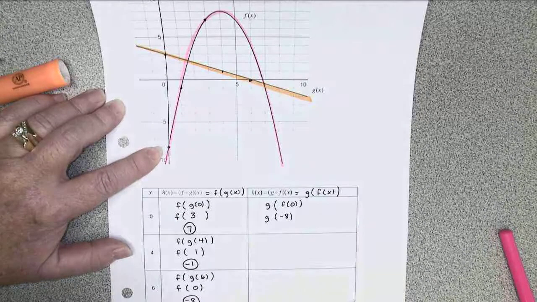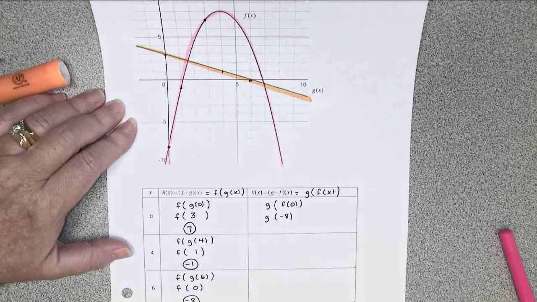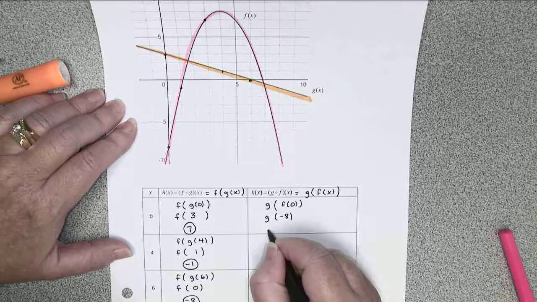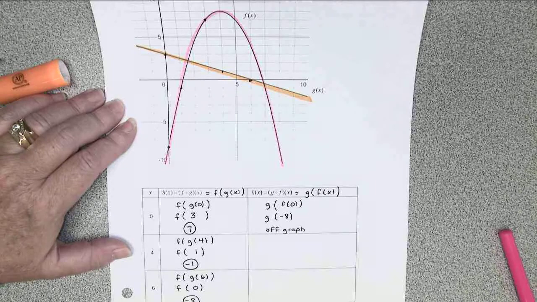Oh boy, and I'm in trouble now. I don't have enough graph to do this. I could, of course, extend the linear graph if I had enough space and do this, but I'm just going to go ahead and say we're now off the graph, since I kind of messed up and didn't give you a big enough graph to see that on. Sorry.